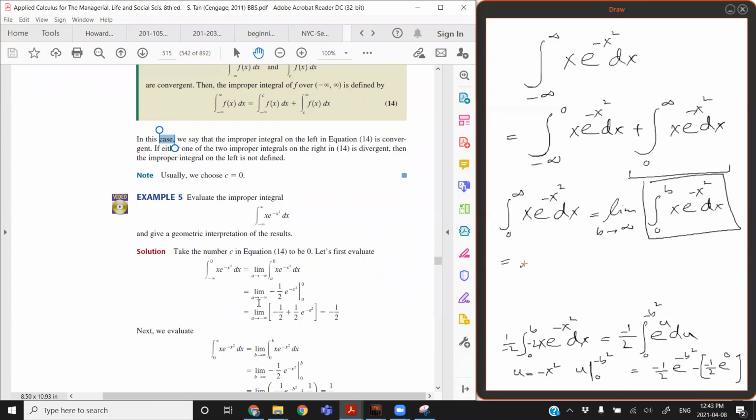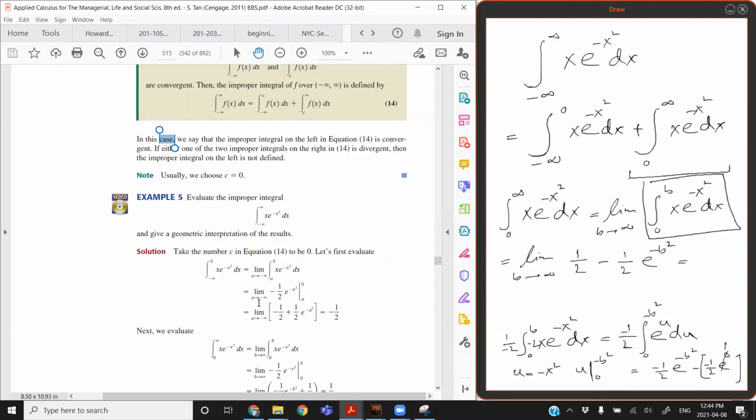So this is going to be the limit as b approaches infinity of, this is simply 1 times negative 1 over 2, negative, negative, positive. So we get 1 over 2 minus 1 over 2 e to the power of negative b squared.